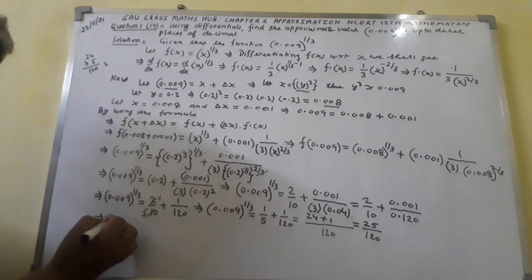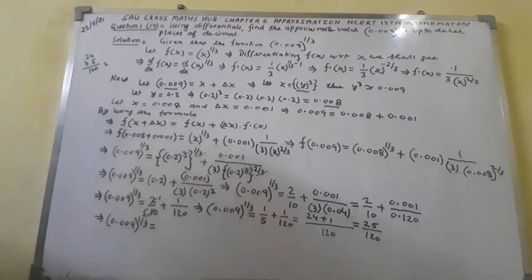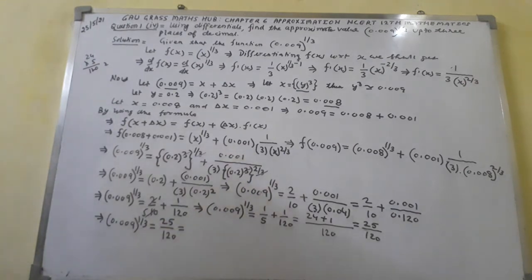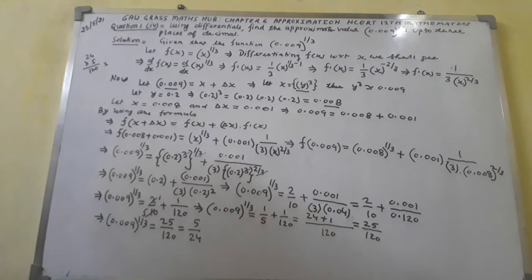So what will we do next? Here again I shall write 0.009 raised to the power 1 over 3 equal to 25 over 120, which comes out to be 5 over 24. 5 times 5 is 25 and 5 times 24 is 120.